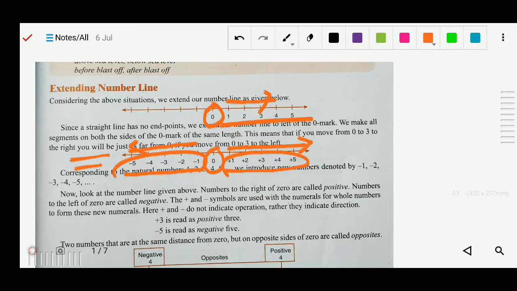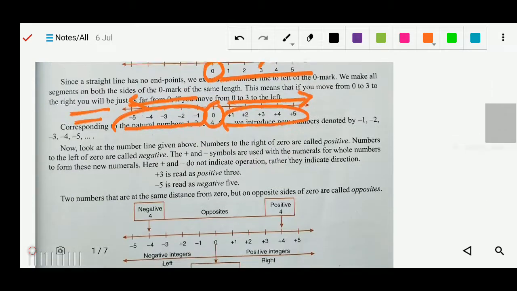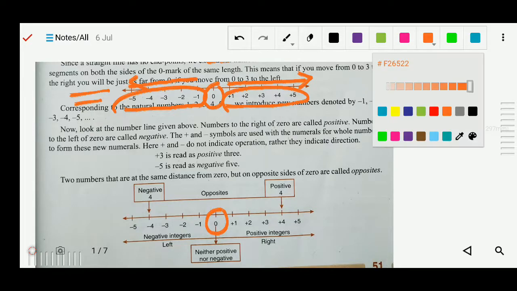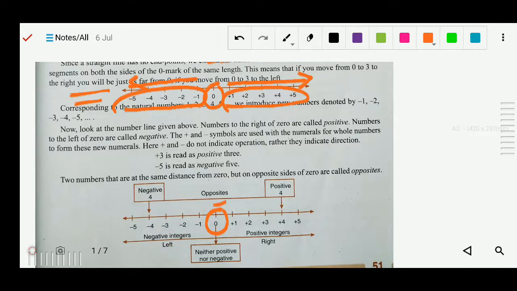We will understand these things better afterward. This 0 is neither positive nor negative. This 0 is not a positive number nor a negative number.